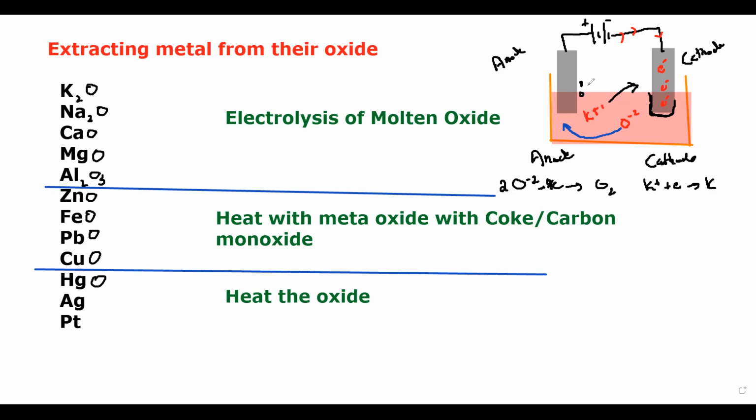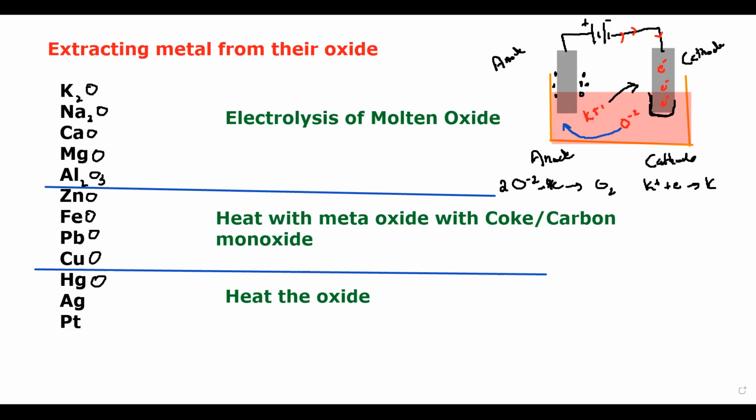So we'll see a colorless gas given off, or bubbles. By this way, we separate the potassium metal from oxygen, and this technique can be used to separate potassium, sodium, calcium, magnesium, and aluminium from oxygen.